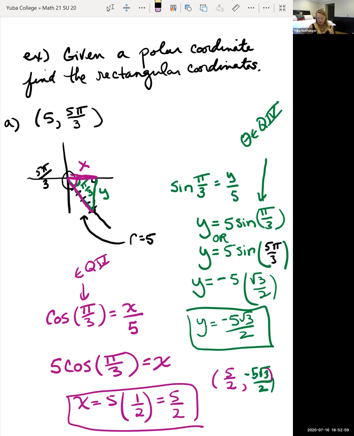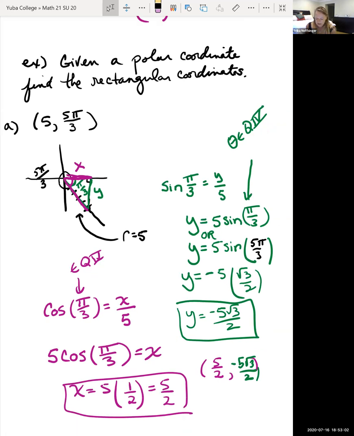So I don't know if you noticed this, but this y value, that y coordinate, doesn't matter where we are. Basically, to get this y value, you're going to have to look at sine of your angle. That would give you your y value over r.